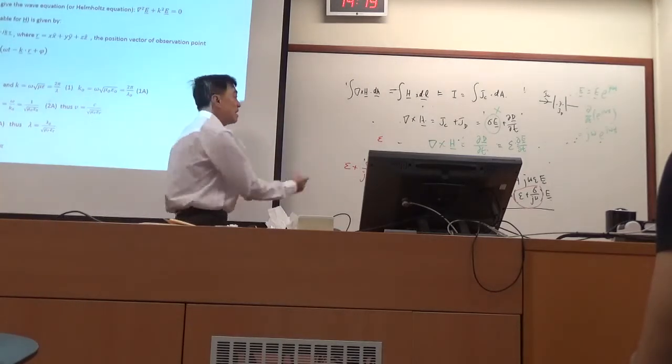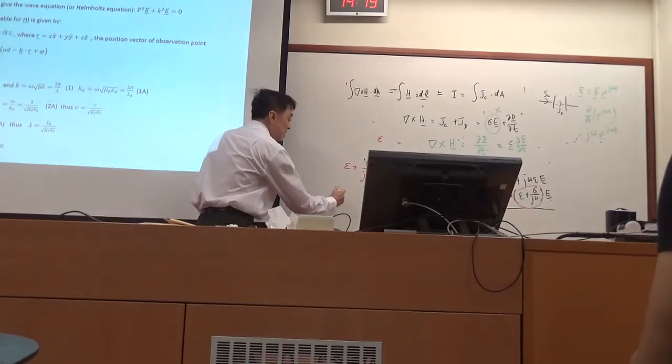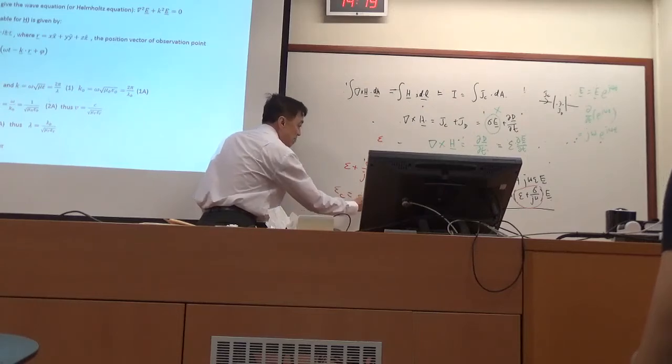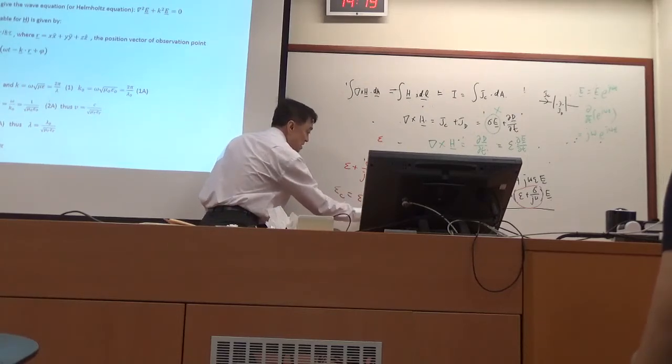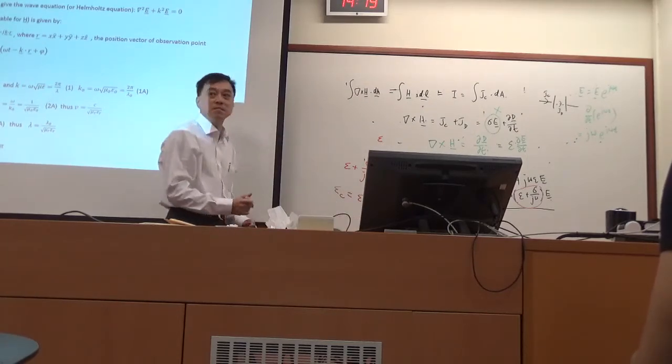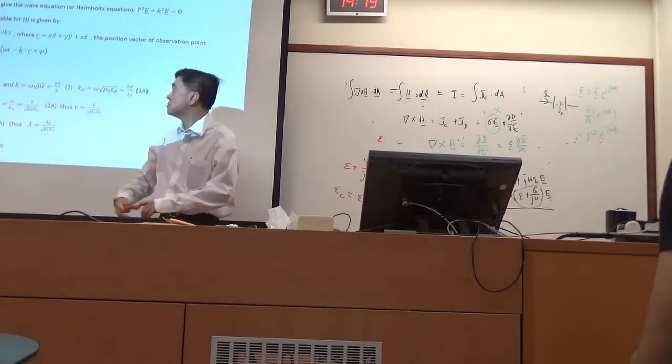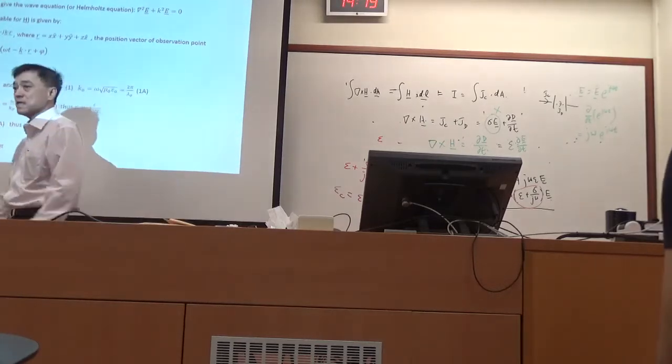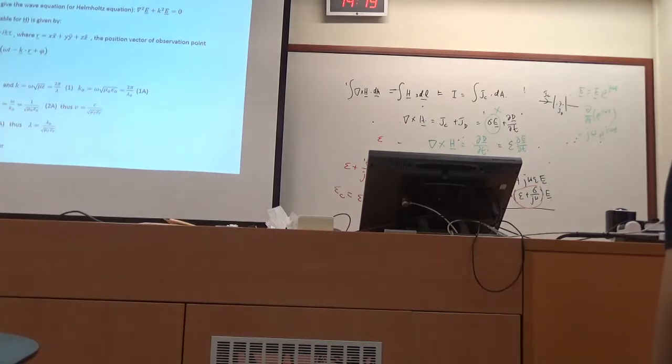So if I define epsilon C equal to this, then all my solutions here are exactly the same. Lossy media is very simple in theory. Because it's a complex number, the calculator computation is very complicated, but the theory is no different.